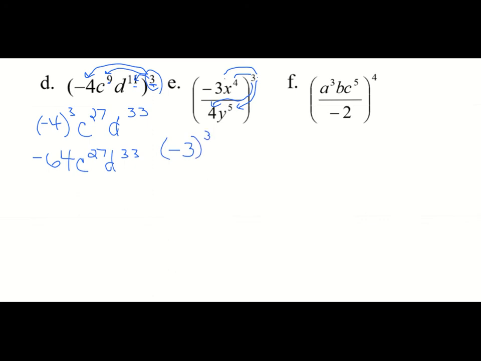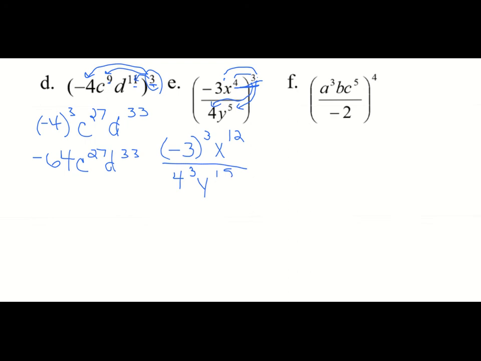Because that's a 1, so we just put the 3 there. And then x to the 4th to the third power. Those two powers, or exponents, we're going to multiply. So it's going to become x to the 12th power. Keep the fraction bar. Now it's going to be 4 to the third power. And then y, 5 times 3 would be 15.